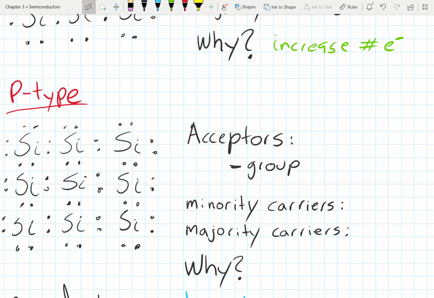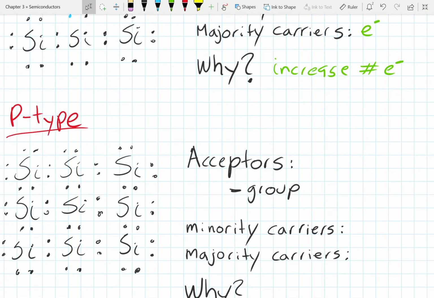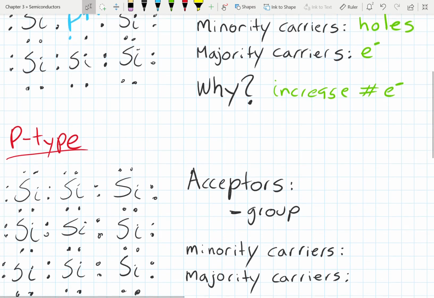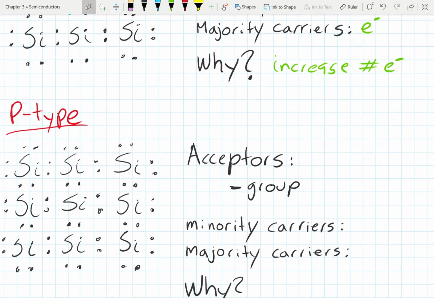Now, let's talk about p-type. So similarly to the n-type, the p-type is going to be represented, as you can guess, by adding holes instead of electrons. How do we do that?